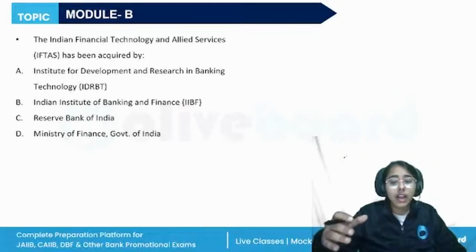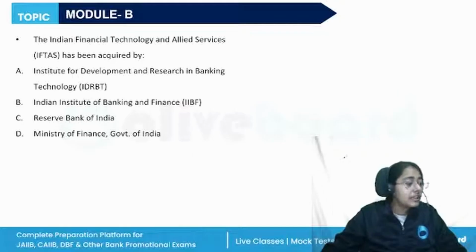Then, after the recommendations made by the Dr. C. Rangarajan committee, it was said that the role of IDRBT should be only research and development. Monitoring of these institutions should not be given to the IDRBT. So the IFTAS was set up.